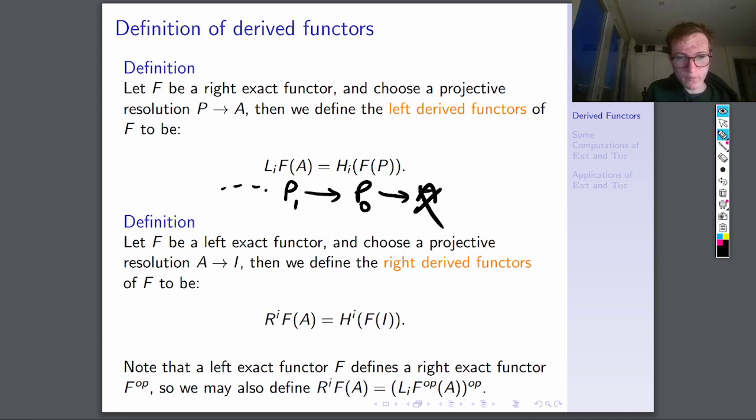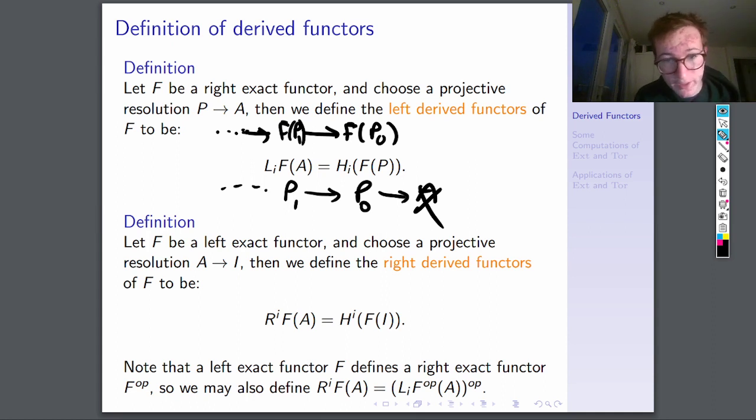So we're left with a complex FP0, FP1, and so on. Taking the ith homology of this complex is the left-derived functor of A.